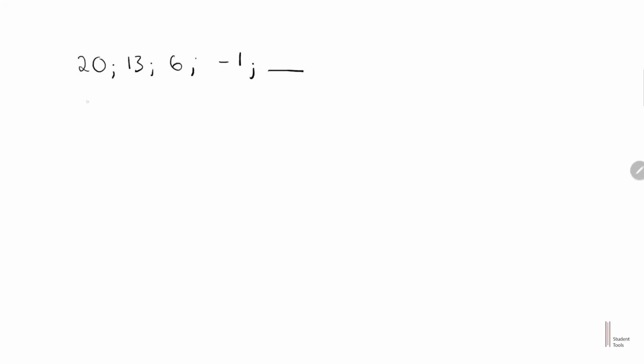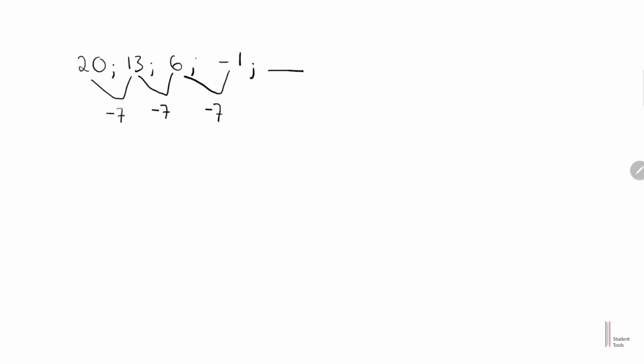Okay, so to find the first differences, term 2 minus term 1, that is 13 minus 20, there is a -7. And term number 3 minus term number 2, so that is 6 minus 13. That is also a -7. And term number 4 minus term number 3, -1 minus 6. So that is still a -7.